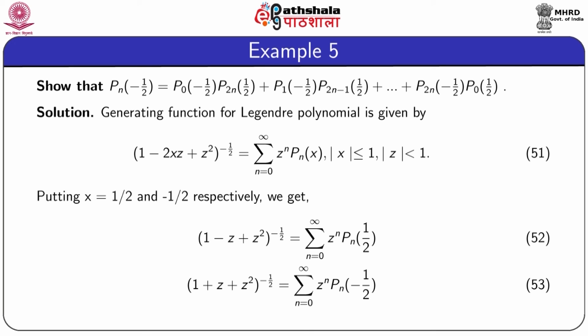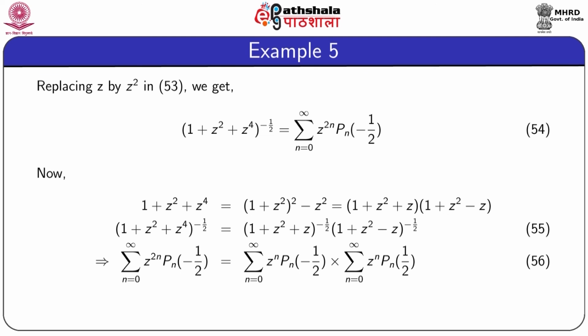Next, you replace z by z square in expression number 56, and if you do that, you will be getting (1 plus z square plus z to the power 4) to the power minus half equal to summation n equal to 0 to infinity z to the power 2n P_n(-1/2), given by equation 57.